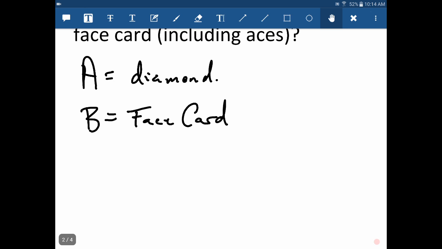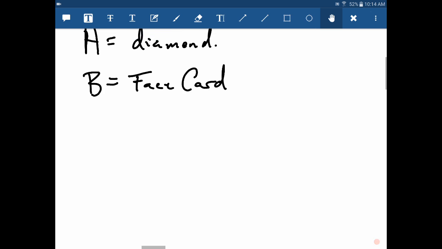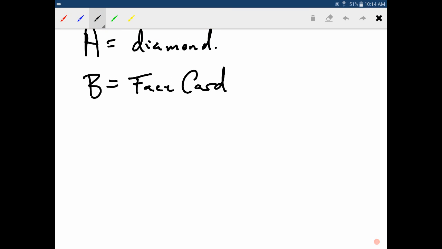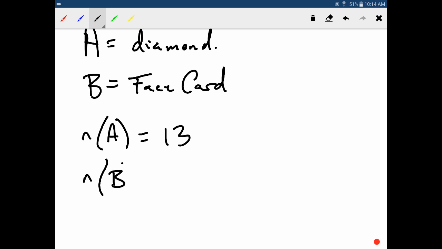The number of ways event A can occur is going to be 13, because there are 13 diamonds. The number of ways event B can occur is 12, because there are 12 face cards.